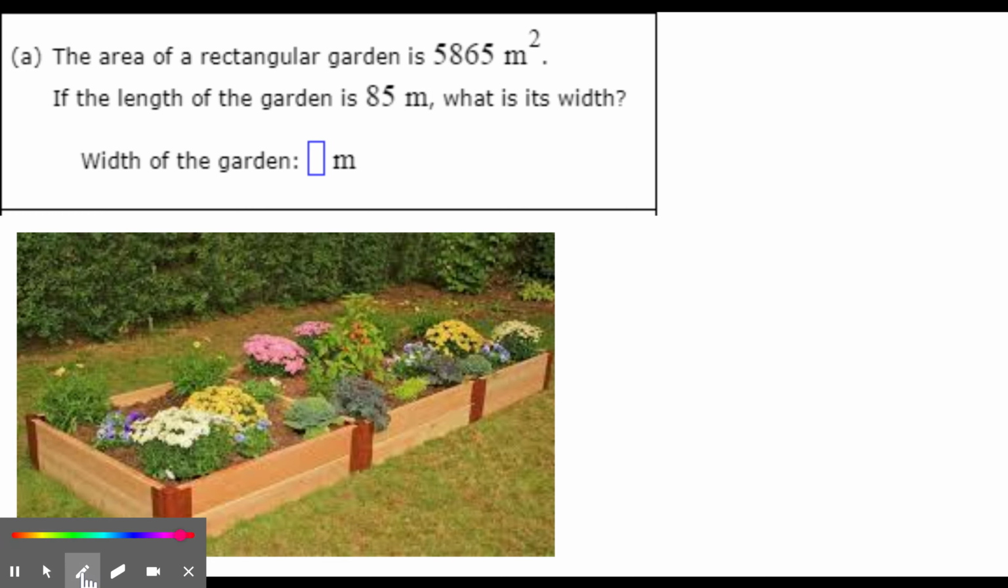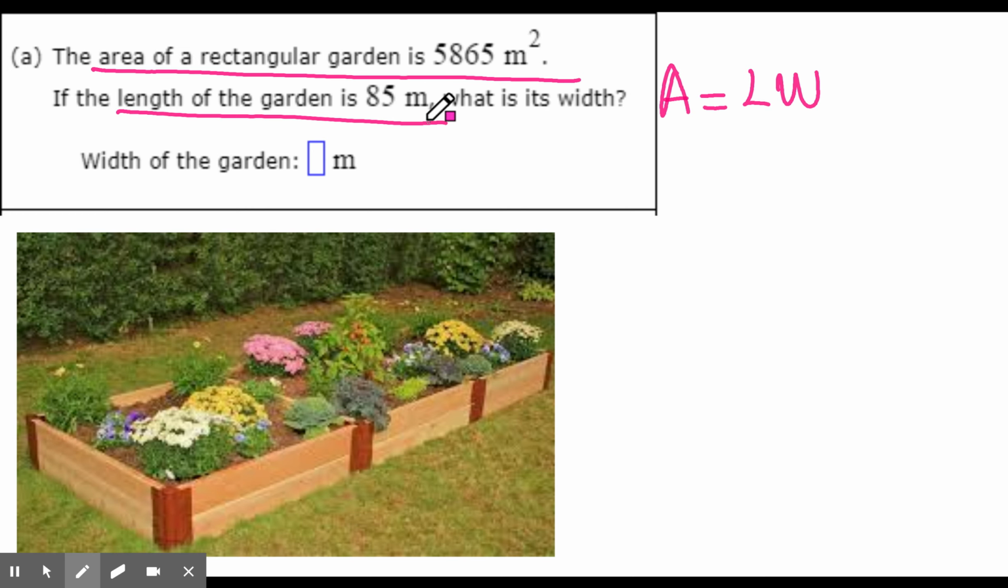Let's begin. We know that the formula for area is length times width. We are given the area and we are given the length, so this is pretty straightforward. 5,865 for the area is equal to 85 times W. And to solve for W, we're just going to divide both sides by 85.